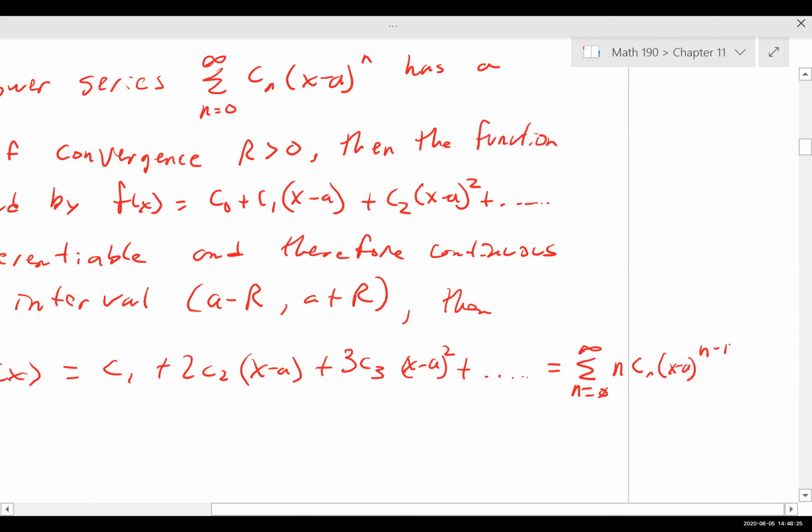This just says that we can use the power rule of differentiation on every single term. We can differentiate term by term.